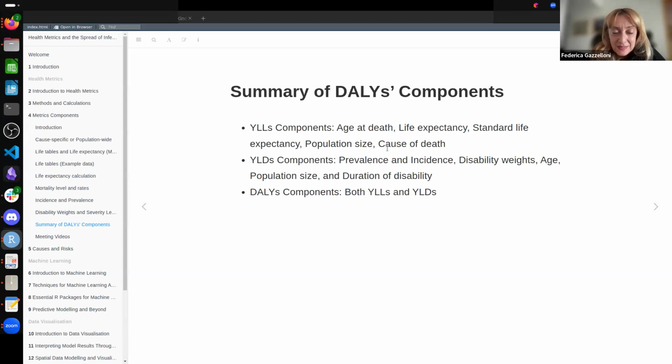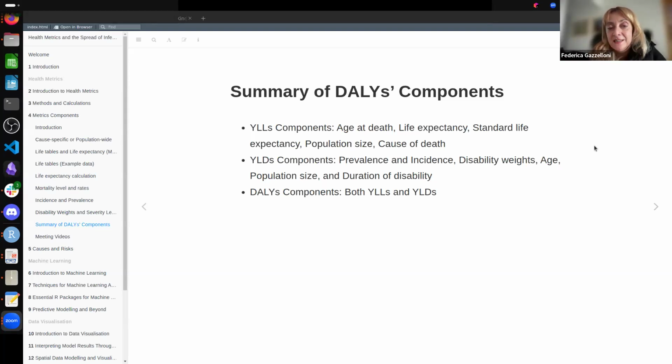And so if you use a certain type of mortality rate, even if it's just the same as we discussed about the prevalence at a first point in time or within a time range, the same thought would apply for the mortality rates, and so for the life expectancy and all the other components of the metrics.